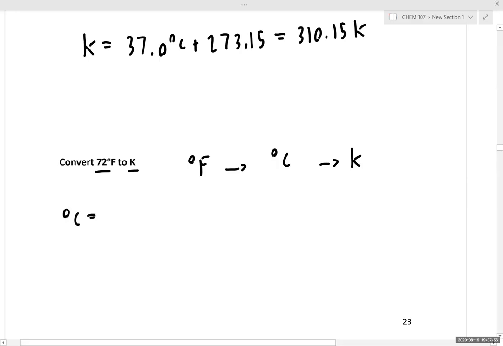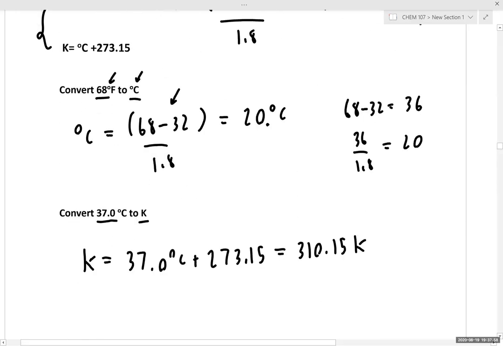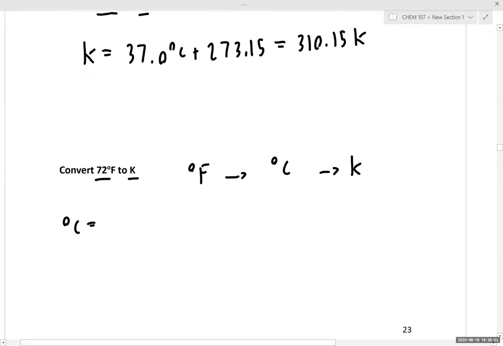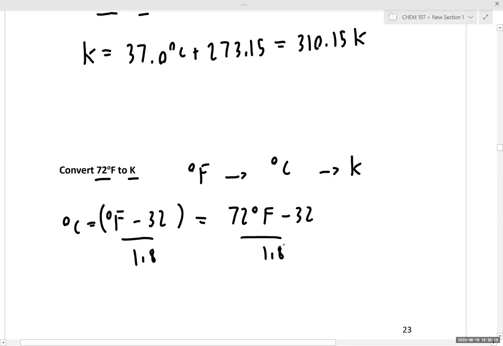So let's do the first step. Celsius is equal to degrees Fahrenheit minus 32 over 1.8. Okay, so plugging in, we have 72 degrees Fahrenheit minus 32 over 1.8.